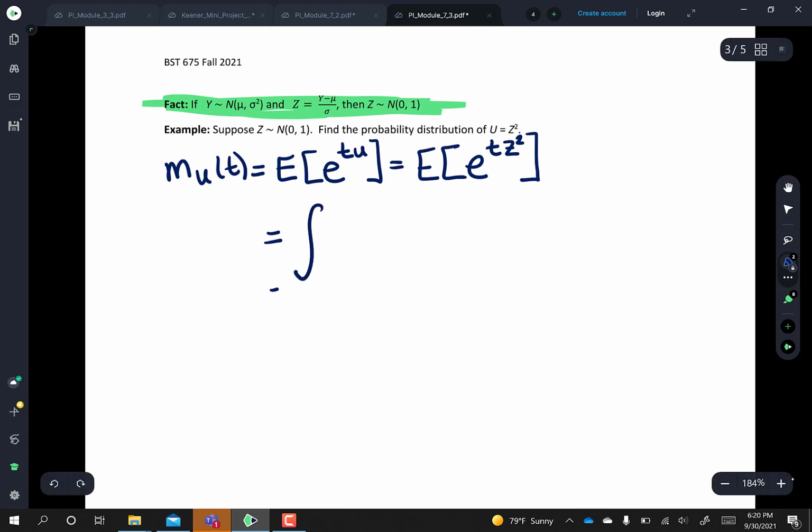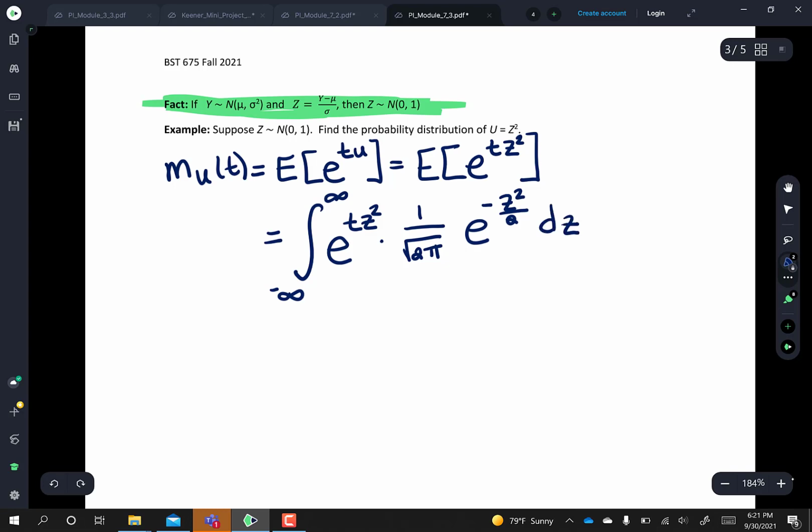So this is equal to the integral from negative infinity to infinity of e to the tZ squared, and then we multiply that by 1 over the square root of 2 pi e to the negative Z squared divided by 2 dz.